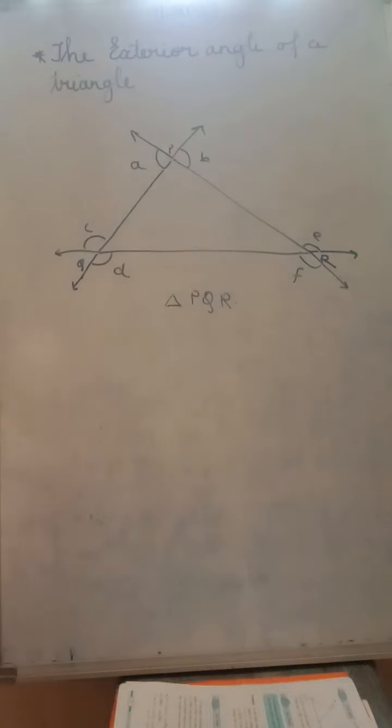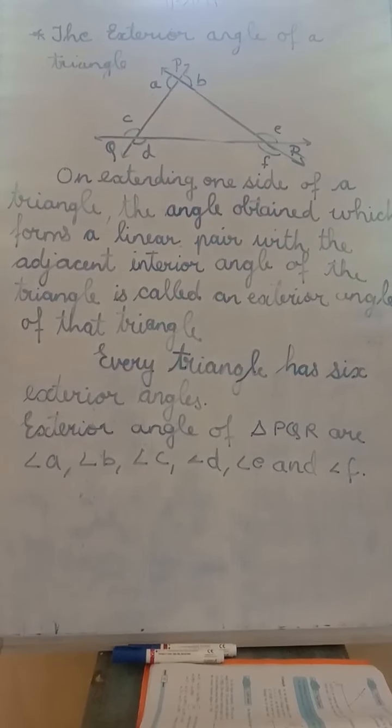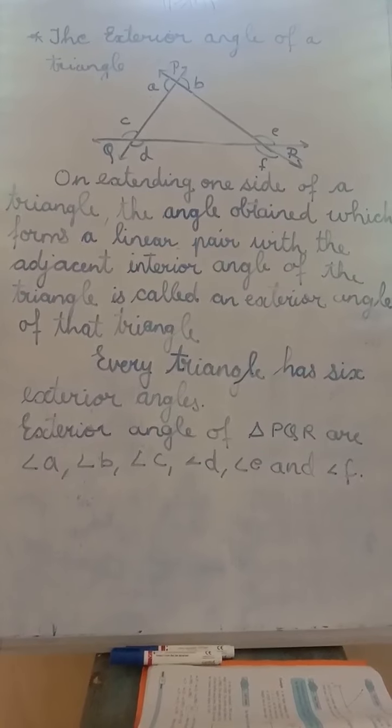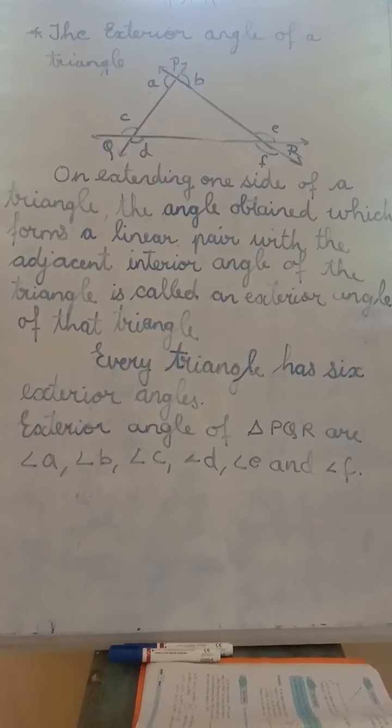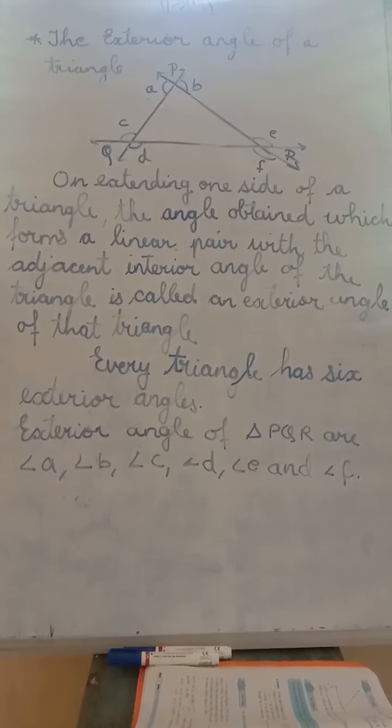Did you understand? There are 6 exterior angles for every triangle. So here are the notes of the exterior angle of a triangle. You have to write them down, and you can also take help of page number 32 while writing the notes.